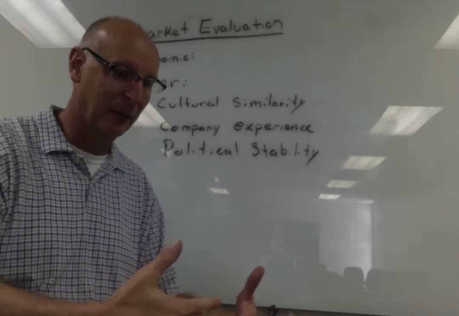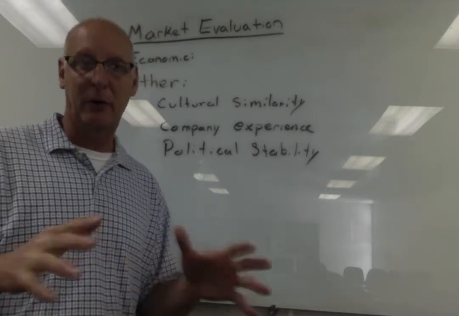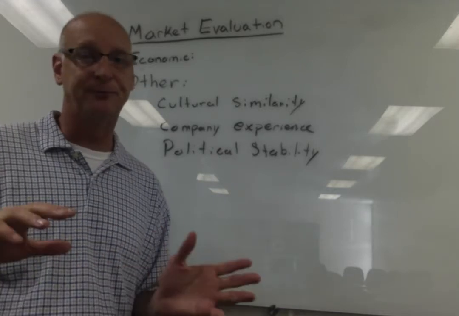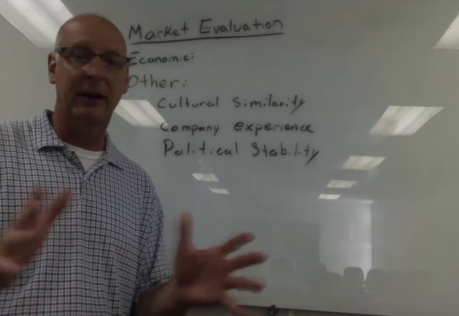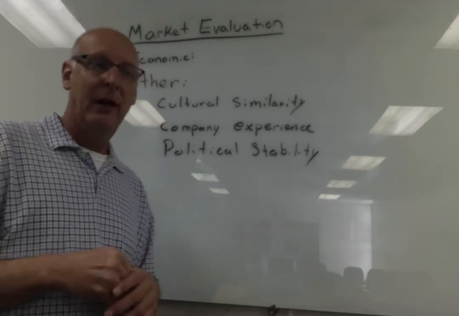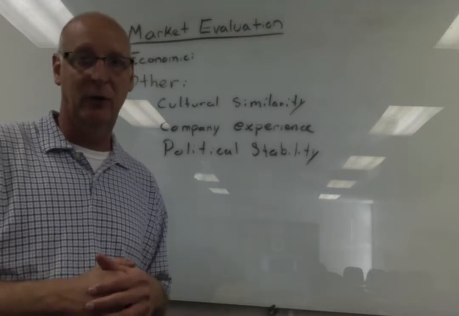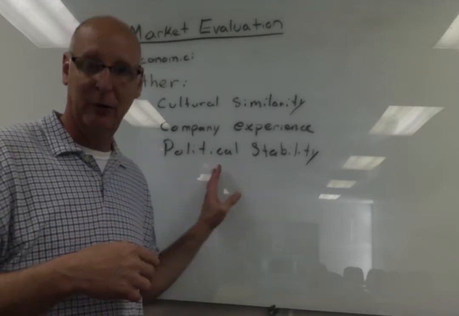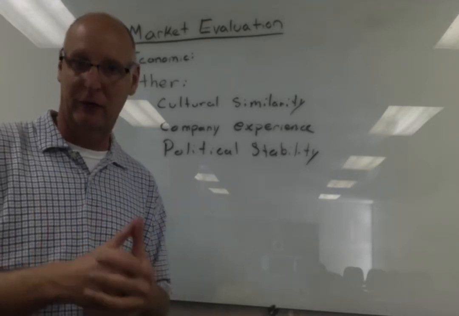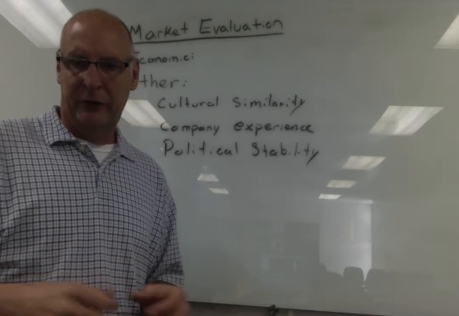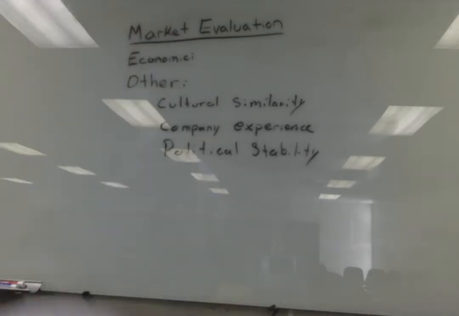The Venezuelan market has nationalized many of the industries to try and better control that, and it's led to some foreign companies losing their assets. It's just led to economic chaos, quite honestly. And so therefore, companies that were doing business in Venezuela are trying to get out. And so you kind of have to think about political stability as a factor, because that will influence your ability to do business.